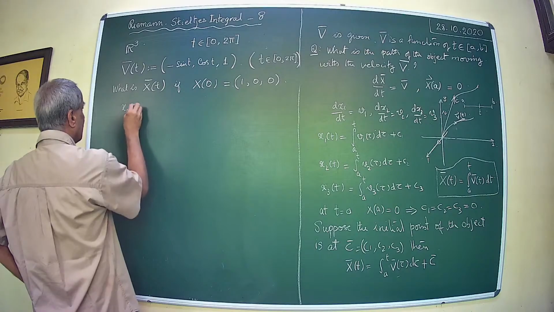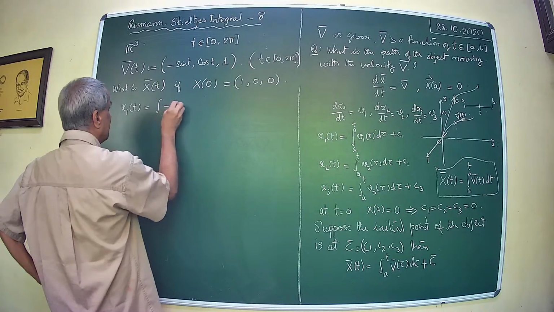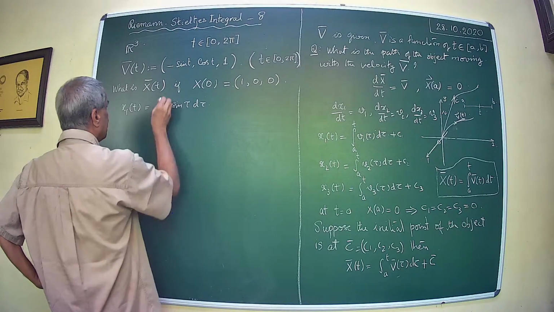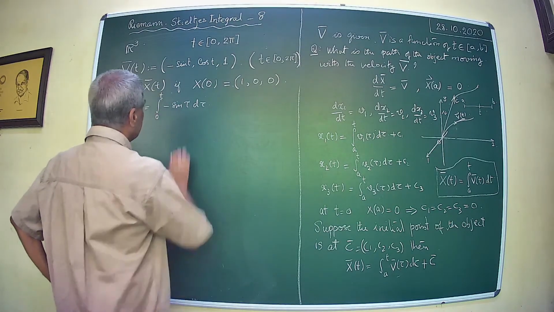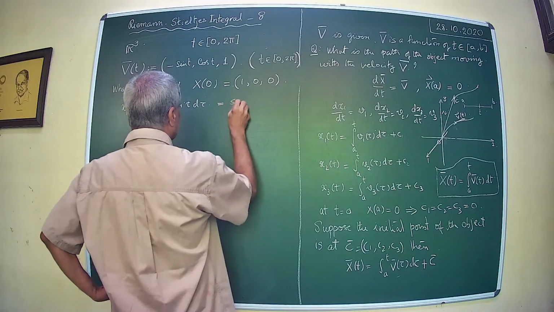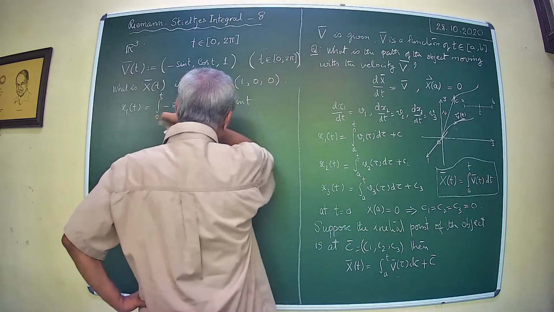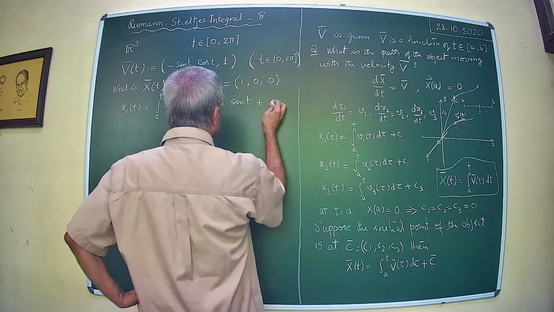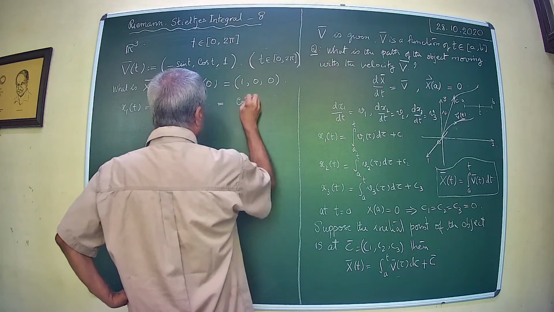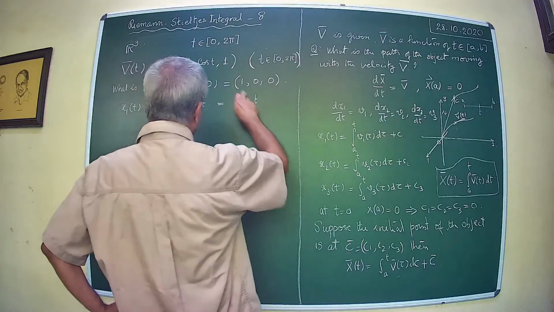that x1(t) will be the integral of minus sin tau from 0 to t, which is equal to cos t, and at t equal to 0 this gives you 1.